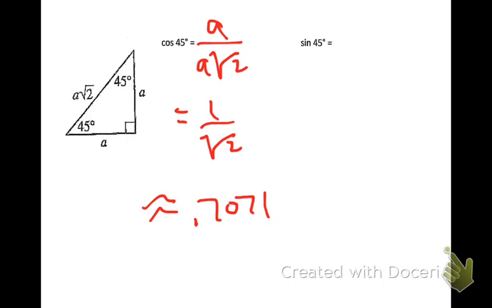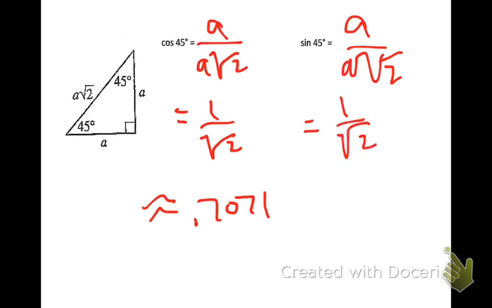Tangent's opposite over adjacent. Sine is opposite over hypotenuse. Yeah, it's A over A square root of 2. Same result. Equals 1 over radical 2. That's the exact answer. The approximate answer would be 0.7071.